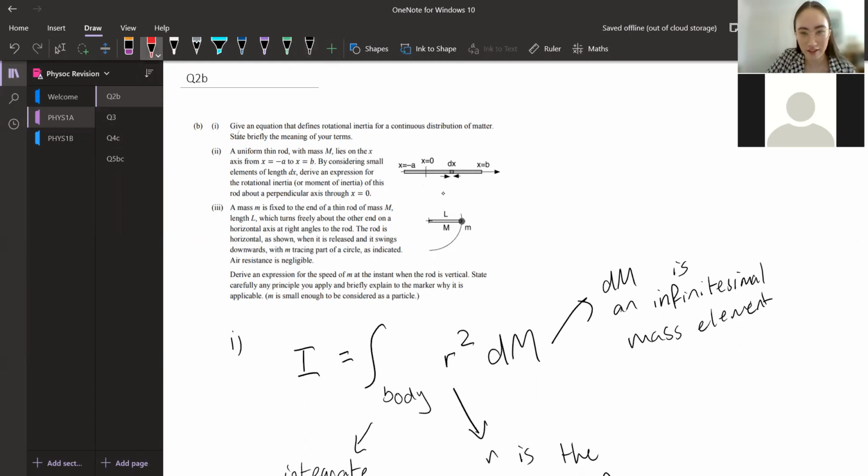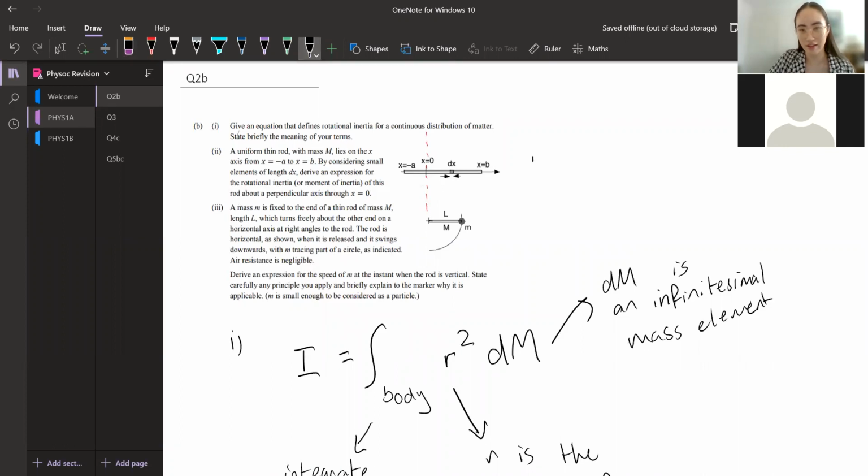So we're imagining some sort of magical imaginary axis, and this rod is spinning around it like this. We want to find the value I, the rotational inertia, that's going to define how this moves. And it's a little bit funky in that it's not an equal amount of mass on either side.